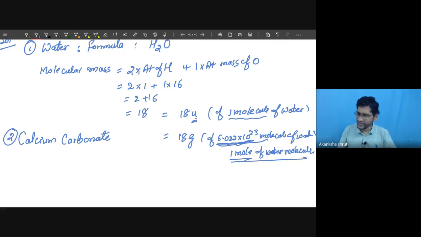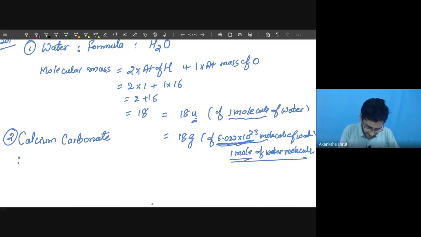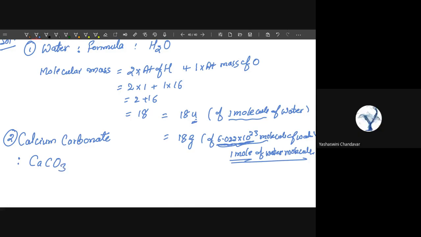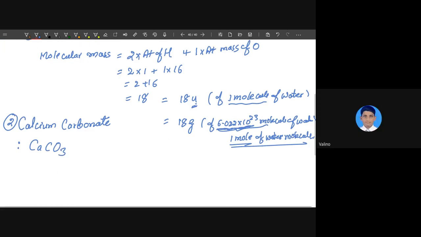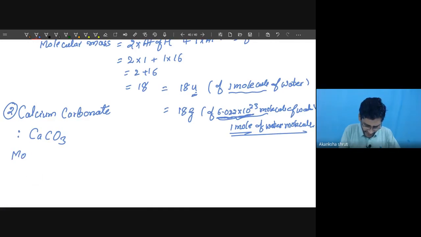Yes, students, tell me quickly. CaCO2? The formula is CO2 or CO3? It is CO3. CaCO3. Good.